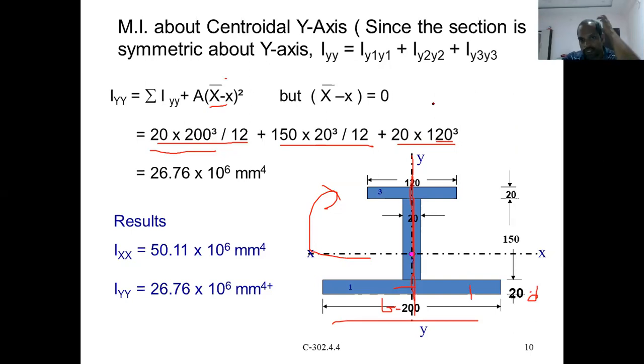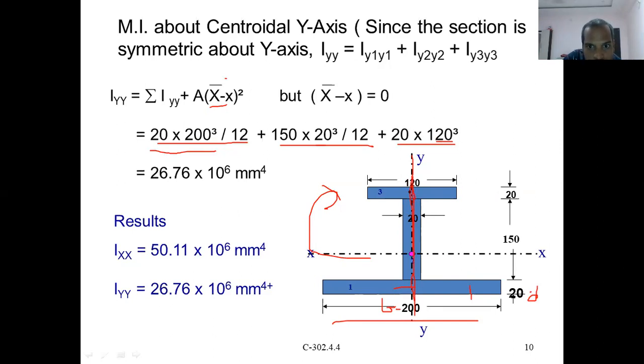Now, we are discussing symmetry. It is symmetric about the y-axis. That's why the calculation of moment of inertia about the y-axis becomes very easy, because the centroidal axis of the entire section, that is capital YY, passes through the centroidal YY axis of the individual figures.